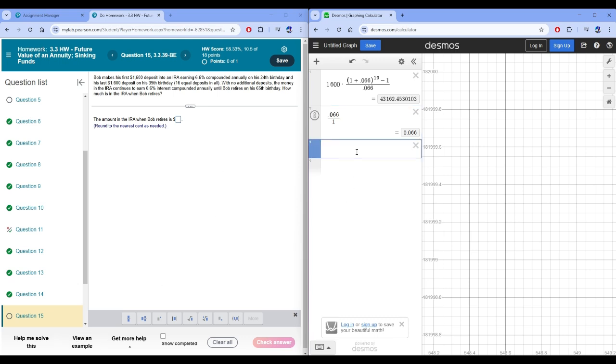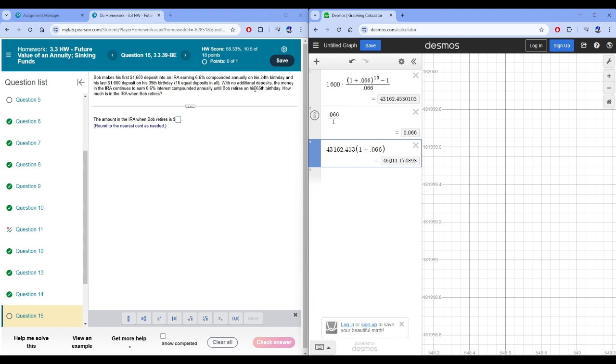That formula is, I believe it's the principal, $43,162.453 times 1 plus R, which is 0.066 raised to the number of years.